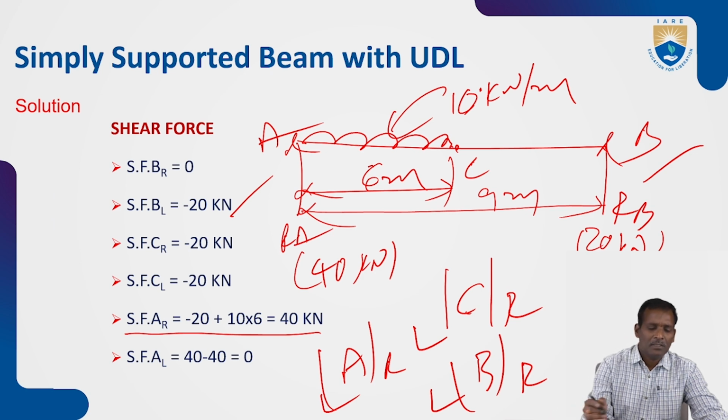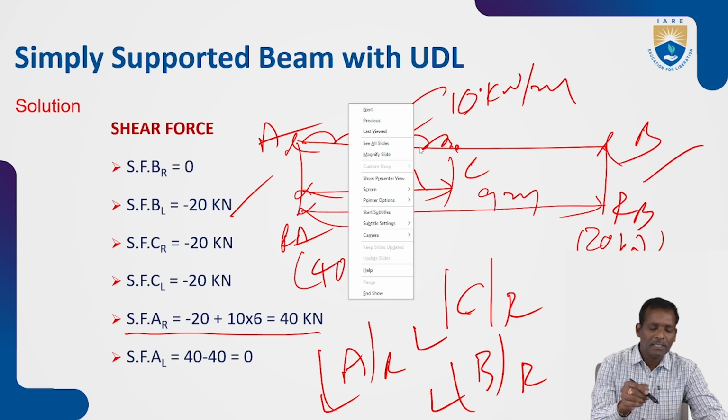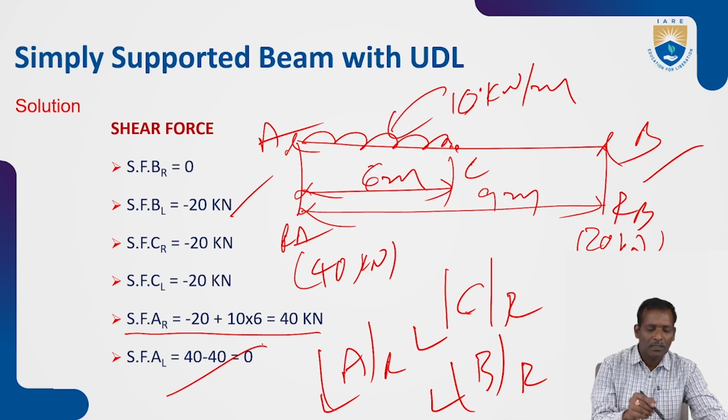Similarly, A left is this 40 minus this UDL, which gives the A right value of 0. So B right is 0 and A left is 0 shear force.